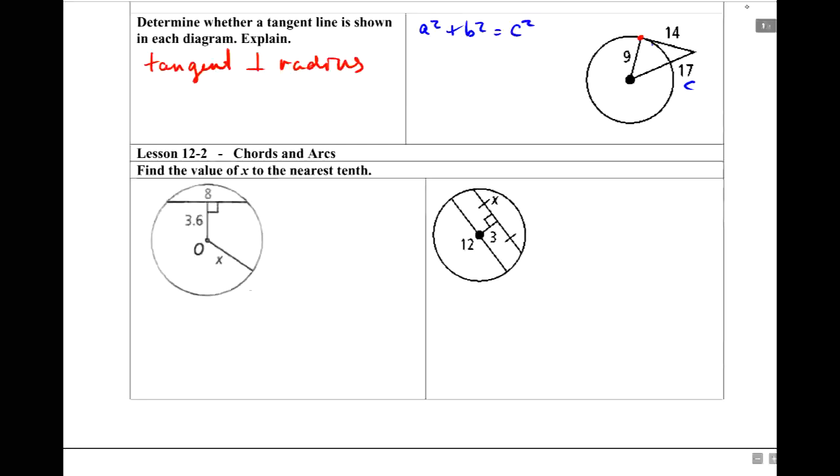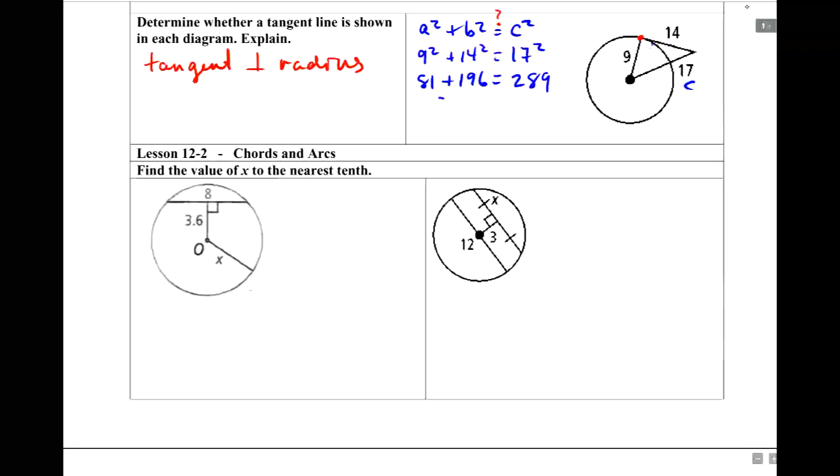We are wondering if that is a right angle, and so this is a big question mark. So 9 squared plus 14 squared equals 17 squared. 81 plus 196 equals 289.